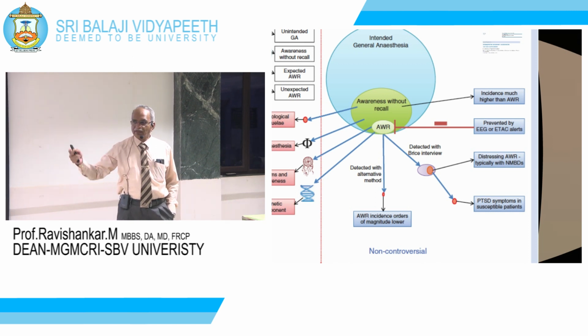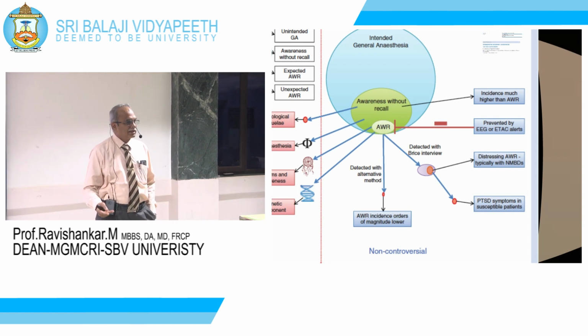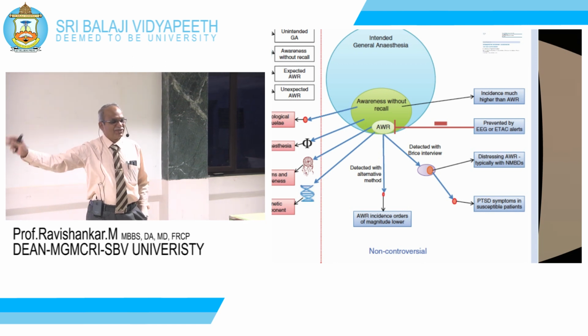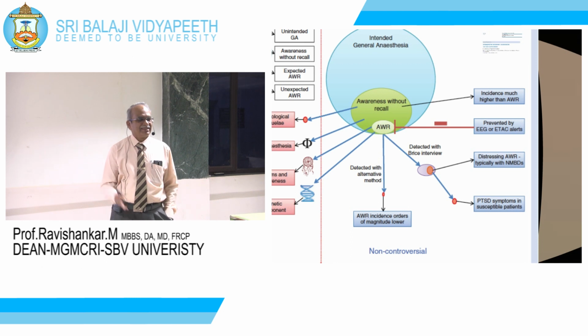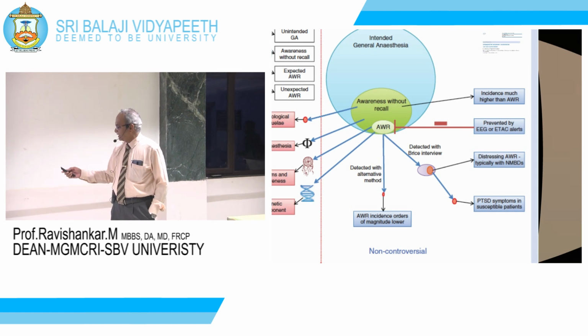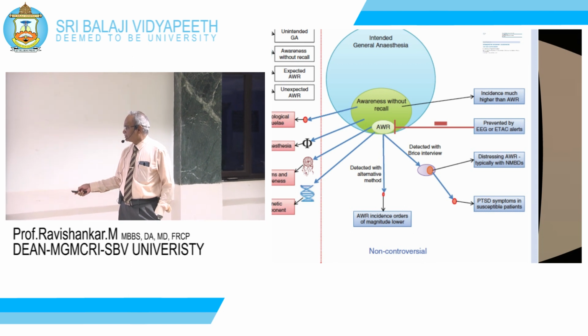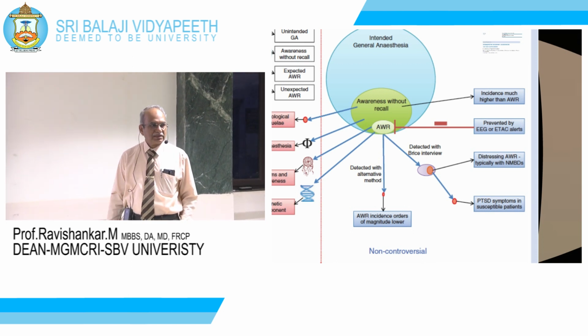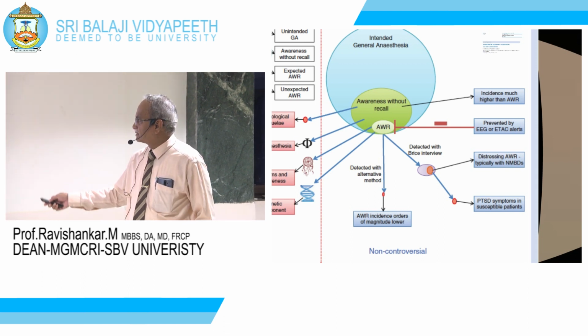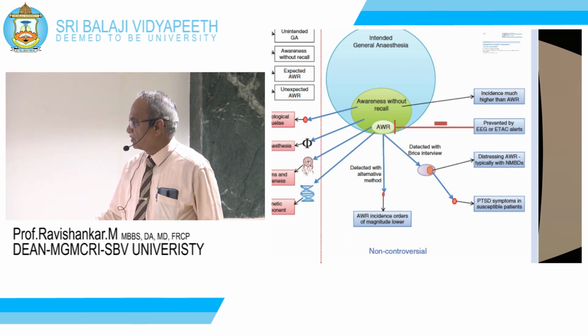Especially now with litigation and other things, whatever you have earned in those 40 years will all go for one case to somebody because something has happened. That is what it is. So that is why we should worry about this particular small segment of patients and avoid it as far as possible. And this, again, is non-controversial. This also is non-controversial.